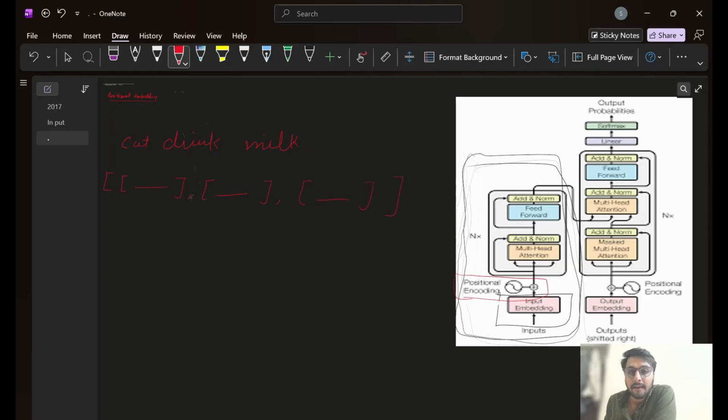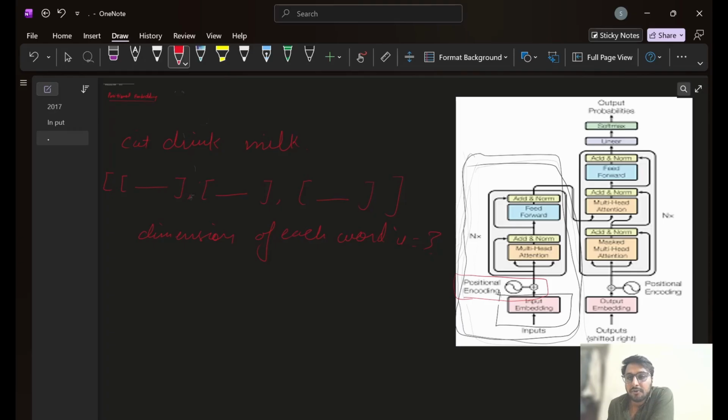Let's assume that the dimension of each word is 3. So we have a list of 3 vectors having dimension 3. Now our model does not have any information about the positions.